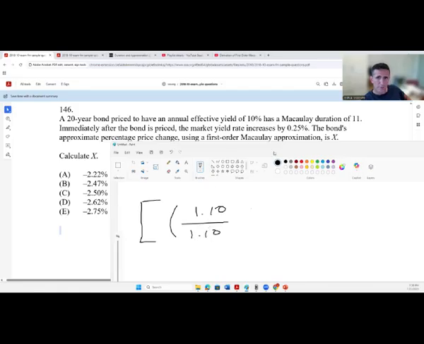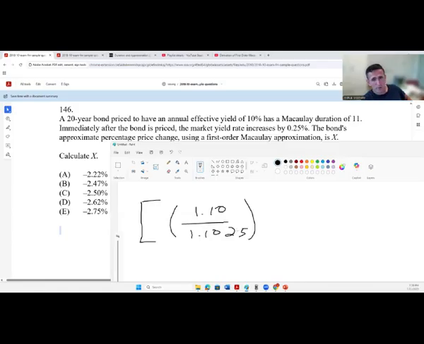So if we start off with 10% and we increase it by 0.25%, 10.25. I'm not saying we take 10 and increase it by 0.25%. What this problem is saying is you take 10 and add 0.25 to it.